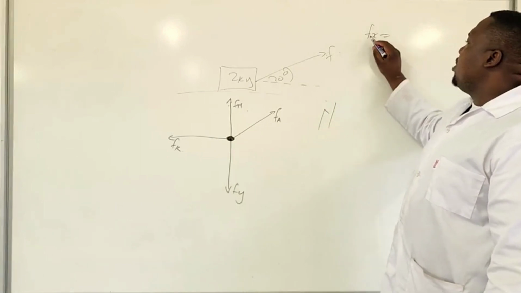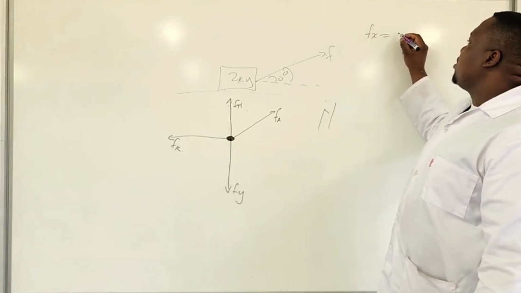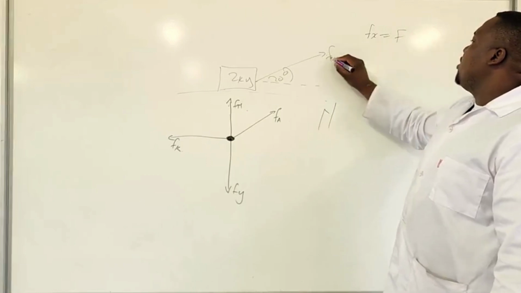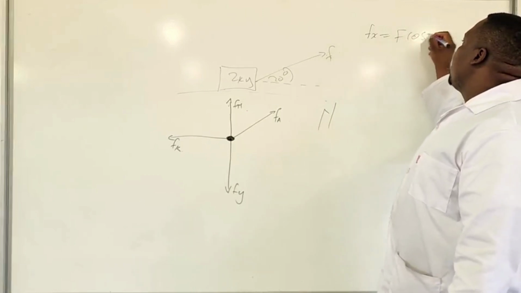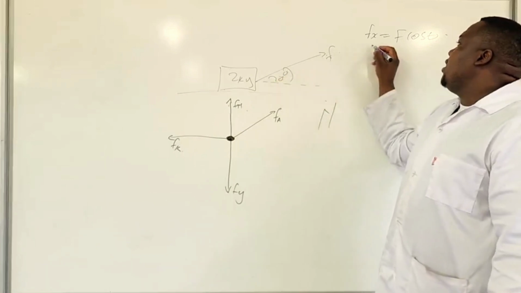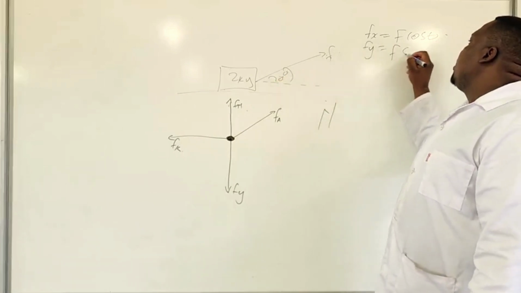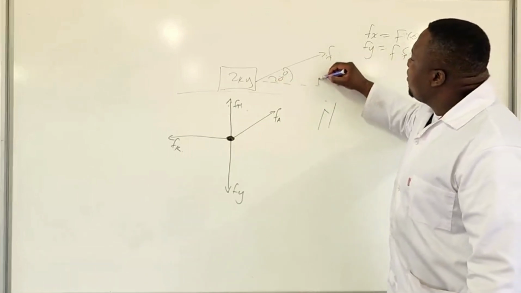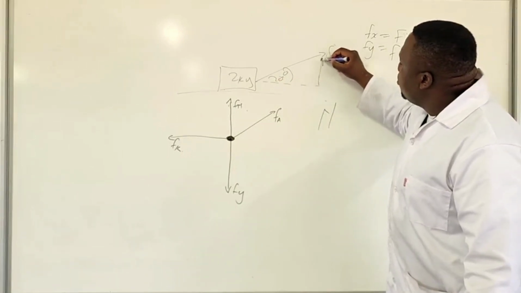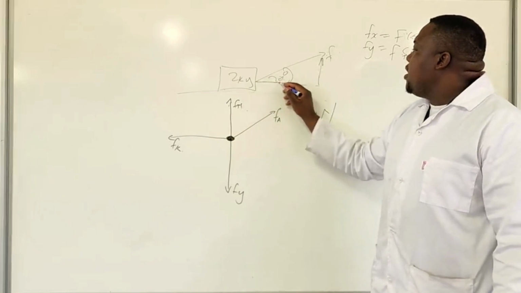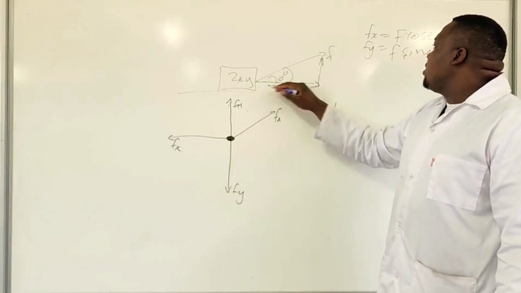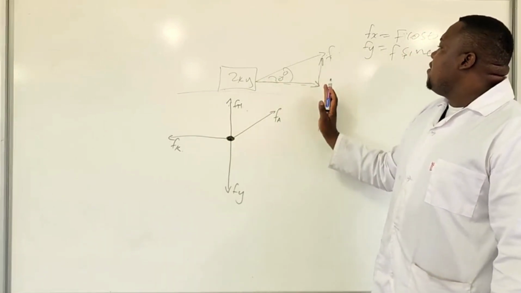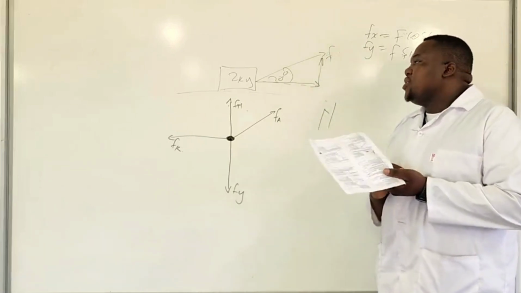The horizontal component, which is called Fx, is resolved as F cos theta, where theta is this angle. Fy is F sine theta. So that's how we resolve this force. Fx is like this, and Fy is facing up, just like that.